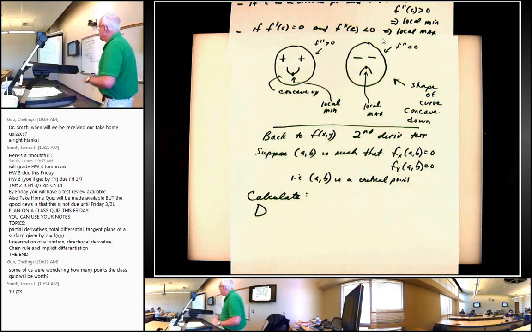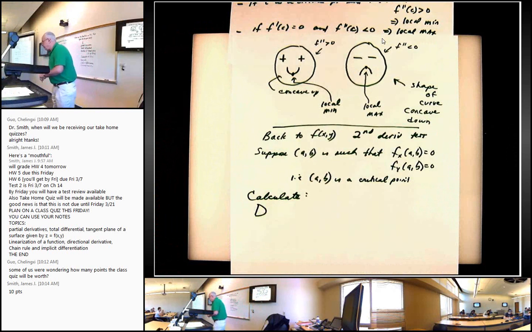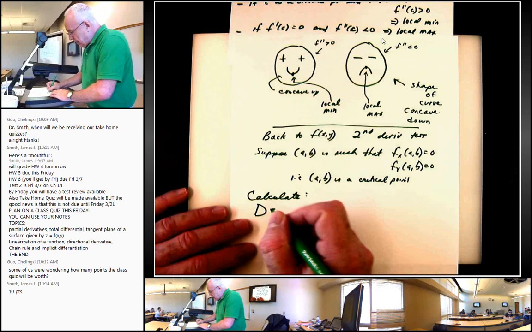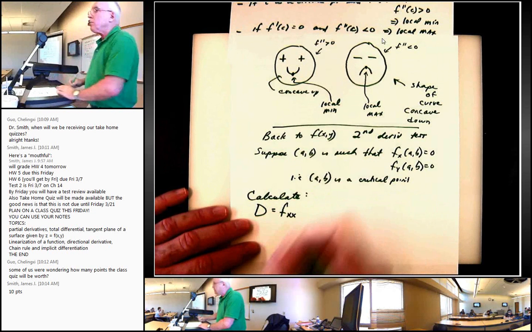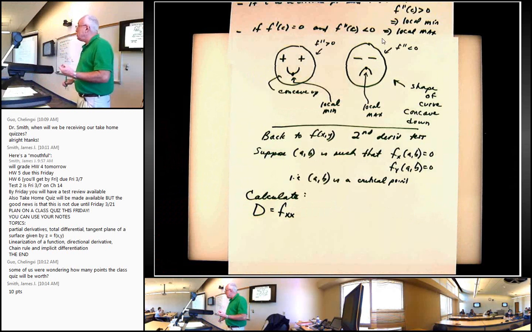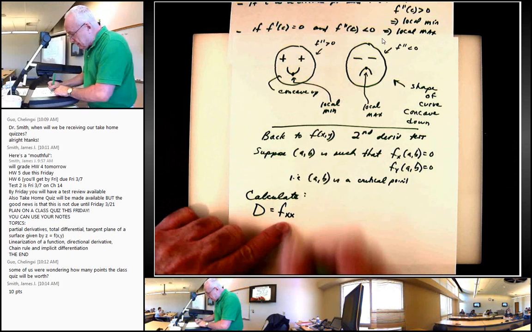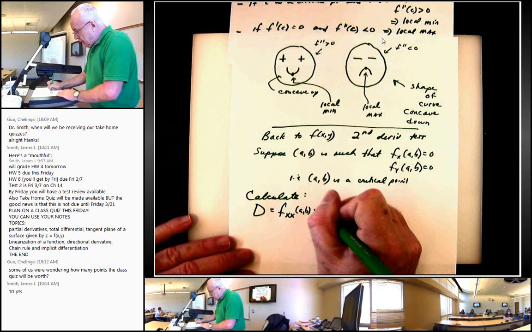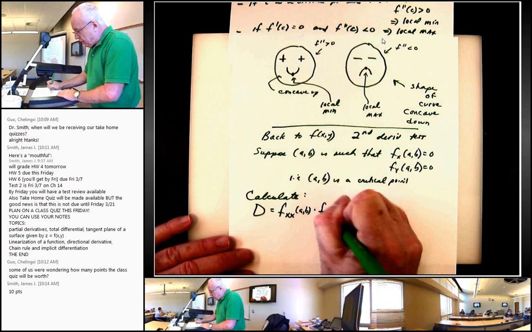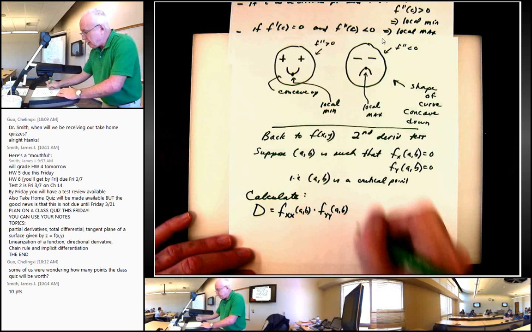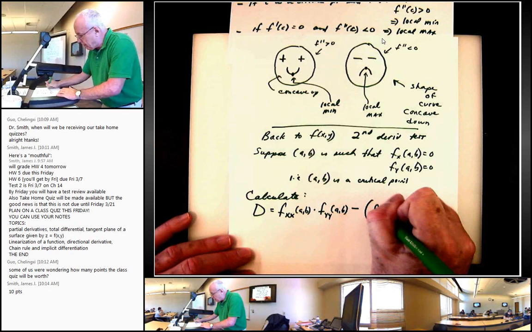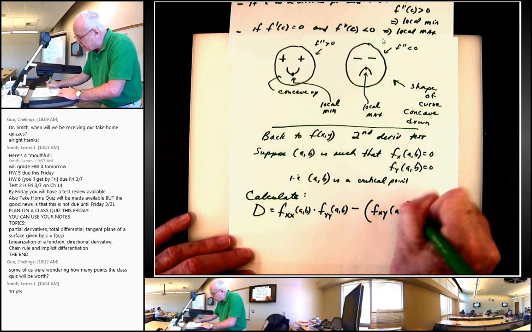They give it the notation capital D. And this is what we have to calculate: fxx, so we do have to figure out the second partial derivatives. fxx evaluated at this point times fyy evaluated at this point minus fxy evaluated at this point squared.